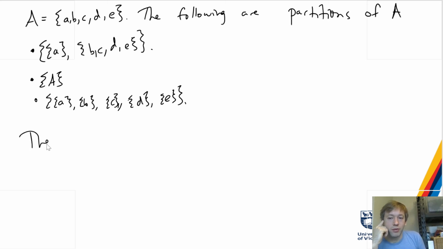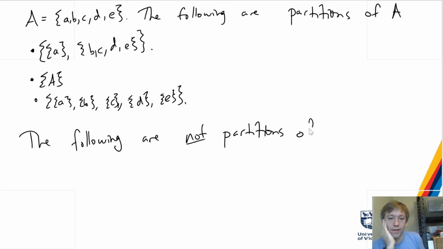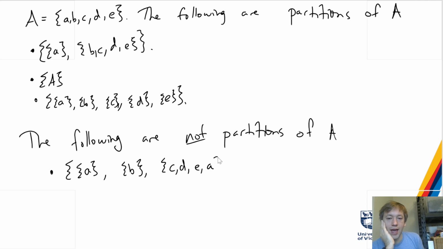So here's some examples which are not partitions of A. So, for example, if I take {A, B, C}, {D, E, A}, this is not a partition because these two sets here are not disjoint.